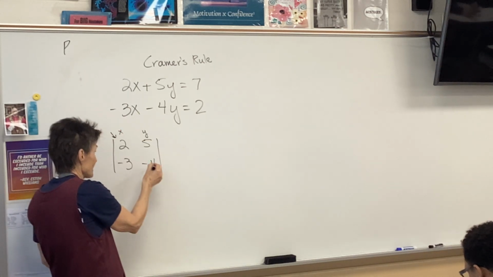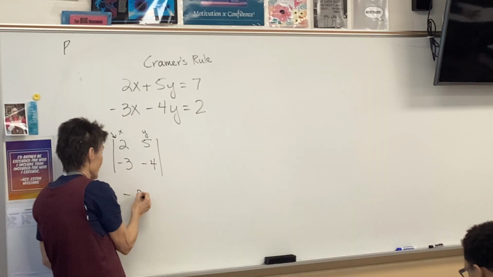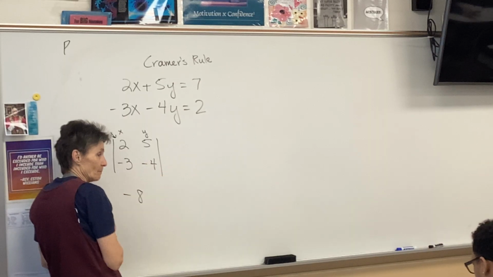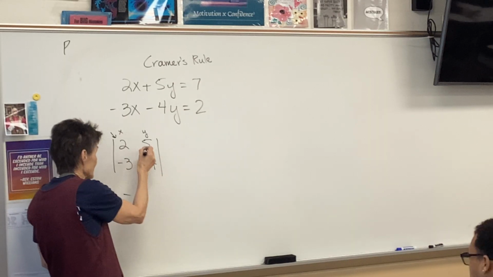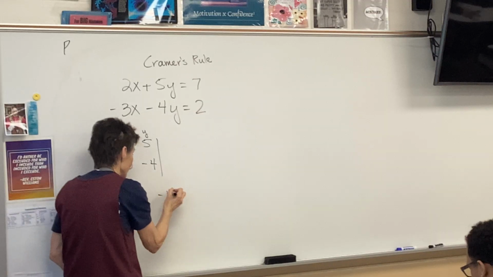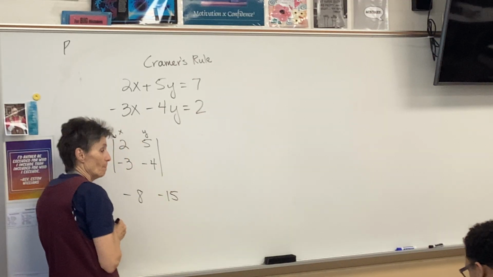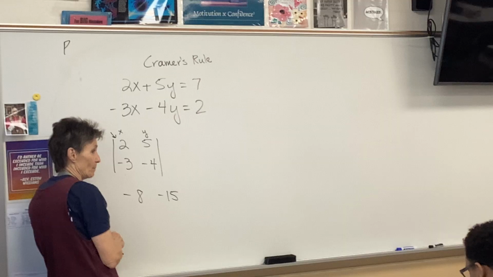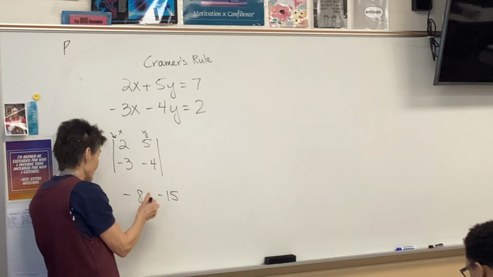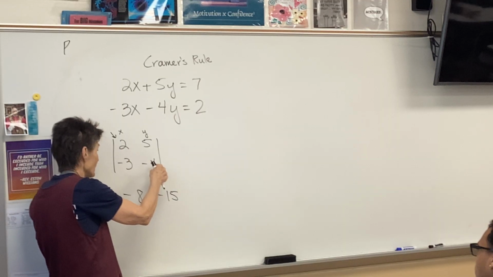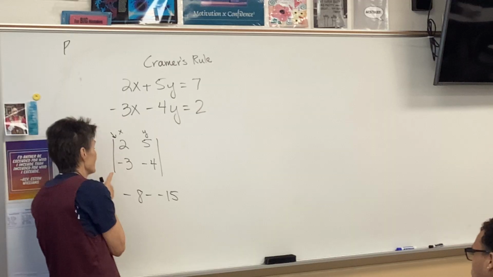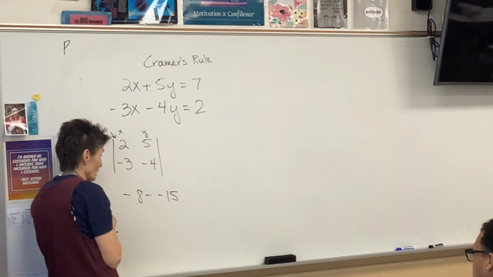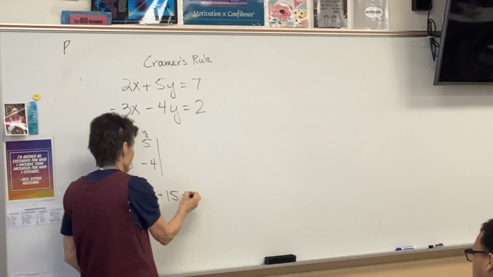So 2 times negative 4 is negative 8. We're multiplying. Negative 3 times 5 is negative 15. But then what do I do with those 2 numbers? Minus, that's right. It's this one minus this one. So that actually works out to be 7.